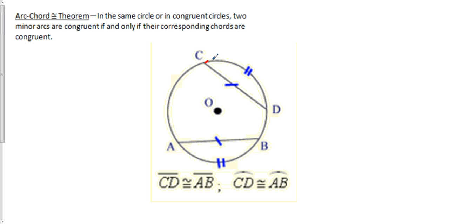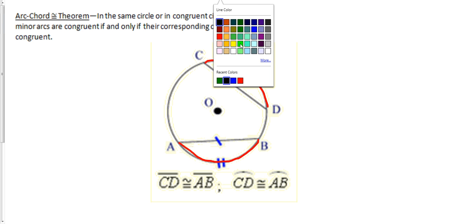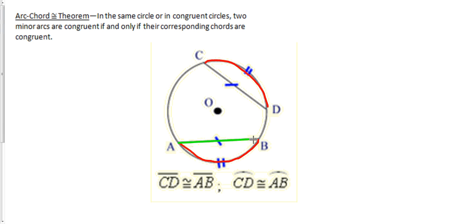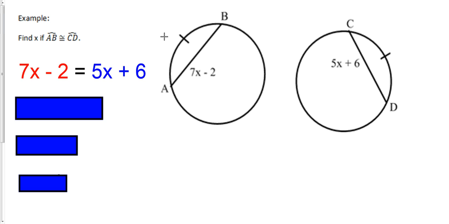So this arc length C to D is the same as B to A only if this straight line, A to B, is the same as D to C. And the other way around, if A to B is the same as D to C, then this arc has to be the same as this arc. So it shouldn't be too terribly difficult. Let's look at an example of how that works.